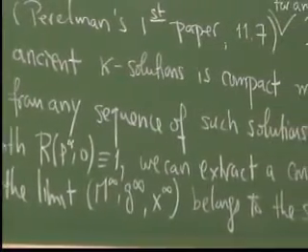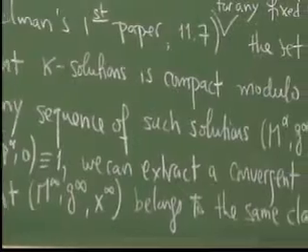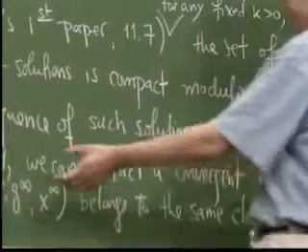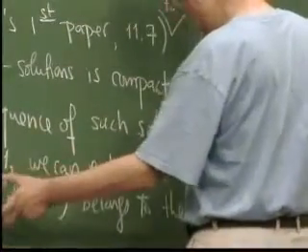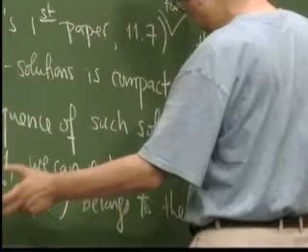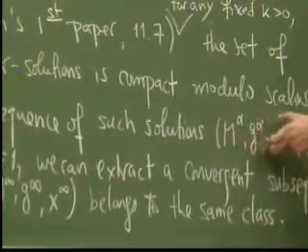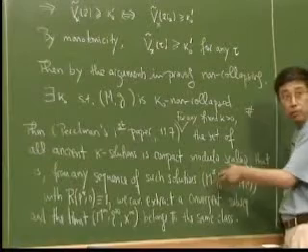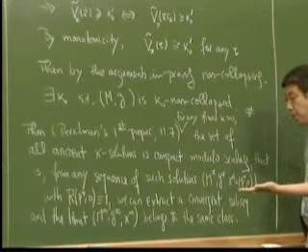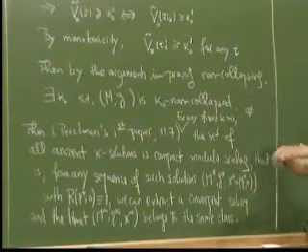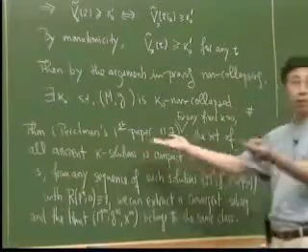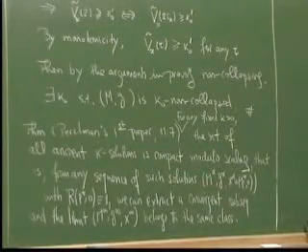Of course the M infinity here may have a different topology. So the manifold may change in the limit, but it's the same class. Same class means the same kappa ancient kappa solutions.